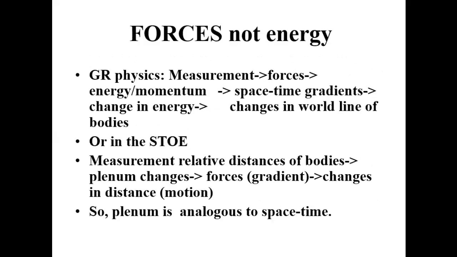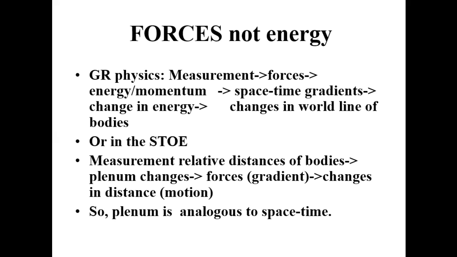You'll note here we're talking about forces, not energy. So in general relativity, we take a measurement. This creates forces. The forces then over distance and time are energy and momentum. The space-time gradients, which is the mapping, change in energy, and these then produce changes in the world line of bodies by the inverse transform.